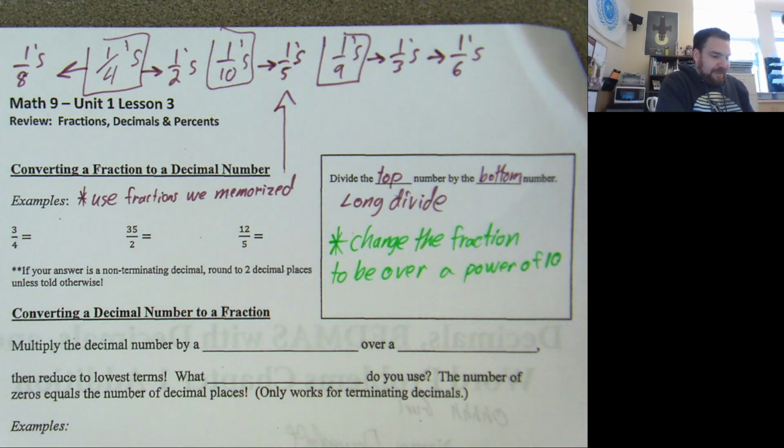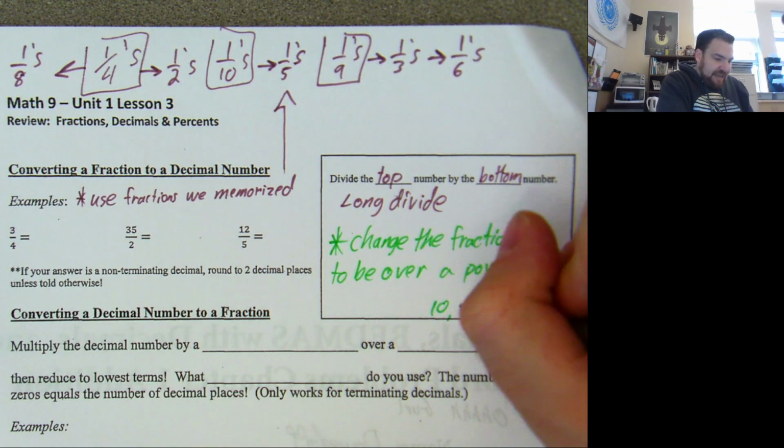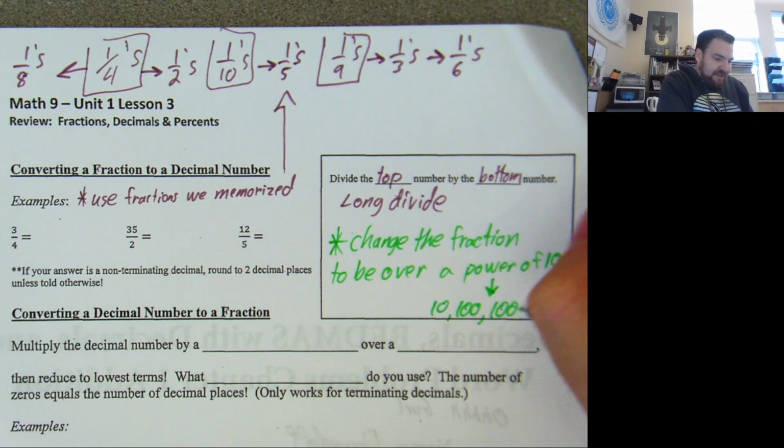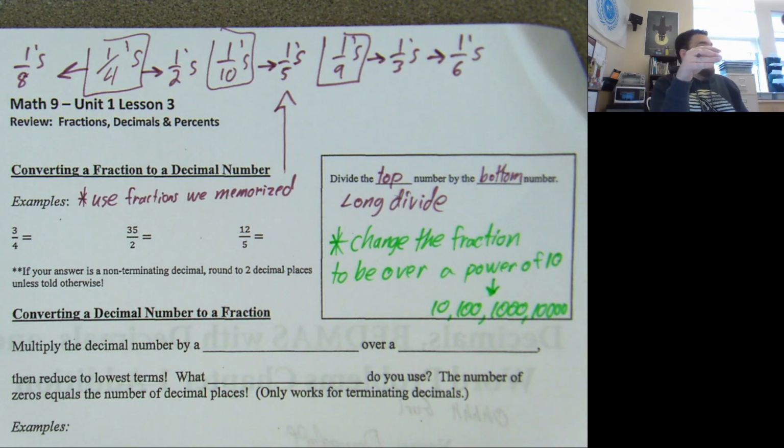And so when I say a power of 10, the numbers I mean are 10, 100, 1,000, 10,000, etc. If you can take whatever your fraction is and write it as an equivalent fraction with one of these in the denominator, it's going to be really, really easy to convert.